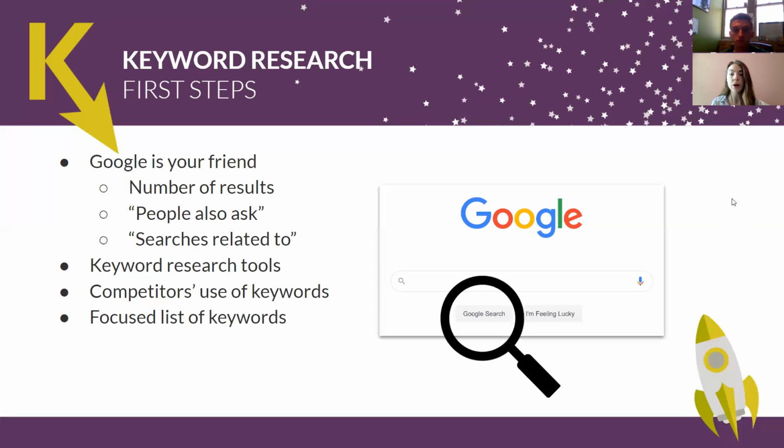And then you'll plug those words and phrases into some keyword research tools, and that'll give you some more defined data. From there, you can narrow down and look at which ones you're going to start optimizing. And we also have competitors' use of keywords. That's more in the realm of the keyword research tools. They'll let you look at what your competitors are doing.